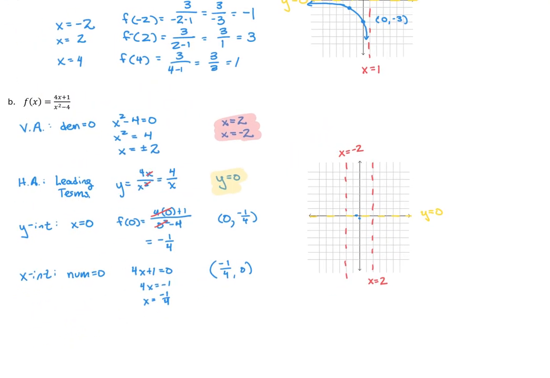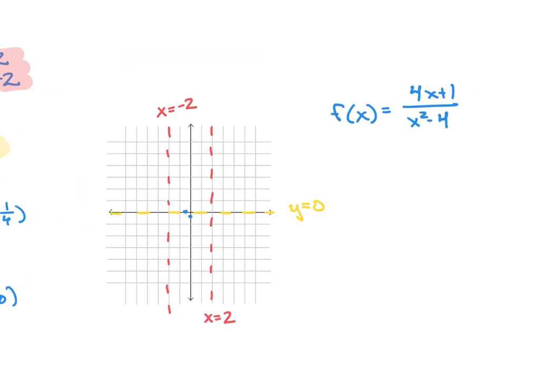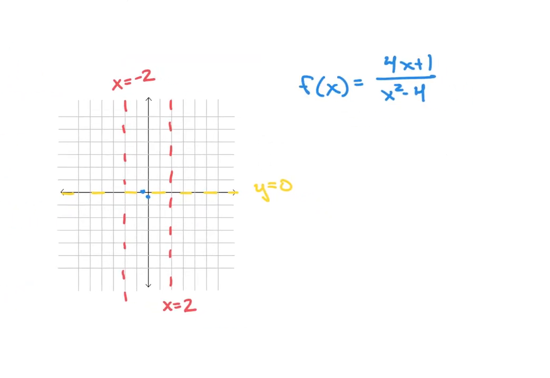All right, now, we do want to find other points on our graph. Okay, so let's see what we can do here. They may not necessarily be nice points, but we're going to try to find the nicest ones that we can.